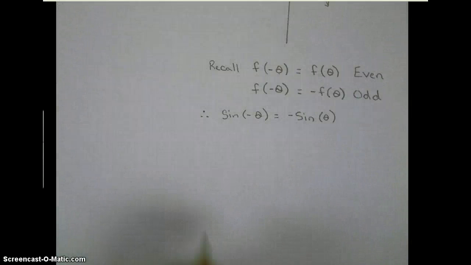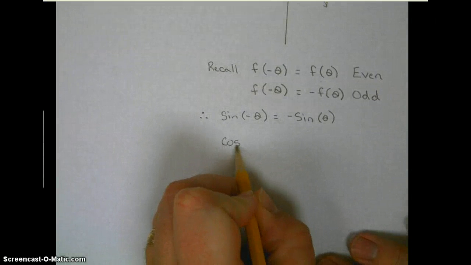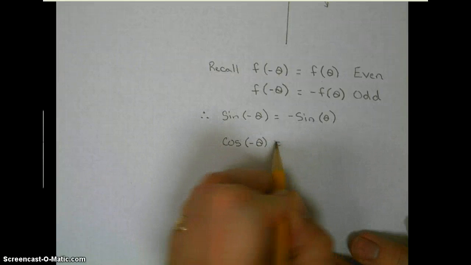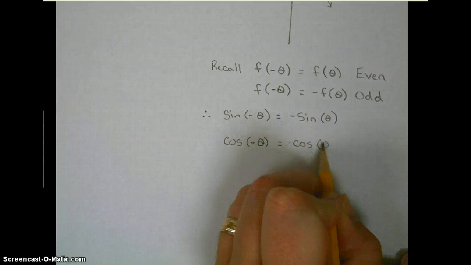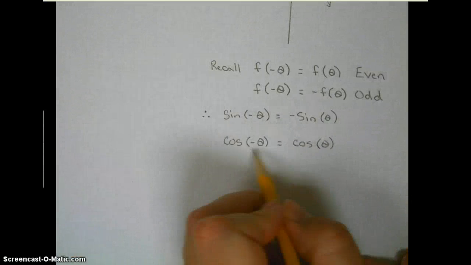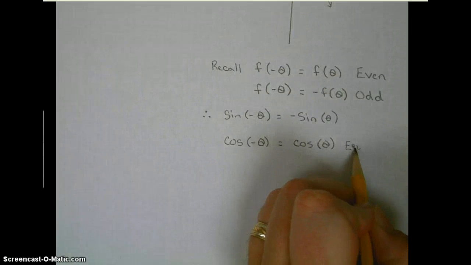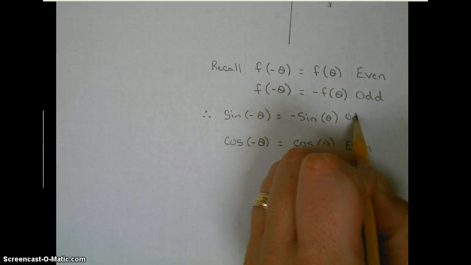That's going to make cosine input a negative, get out a positive. So cosine is an even function. Sine is an odd function.